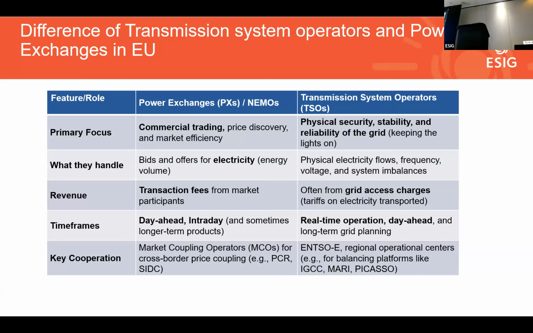And transmission system operators also work together. That's done through ENTSO-E that you may have heard of, which handles the cooperation between the different transmission system operators all over Europe, but also thanks to regional operational centers, which are more centralized. Only a couple of transmission system operators work together on neighboring countries.